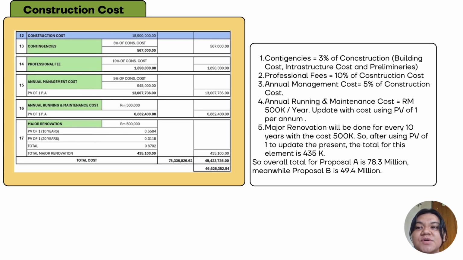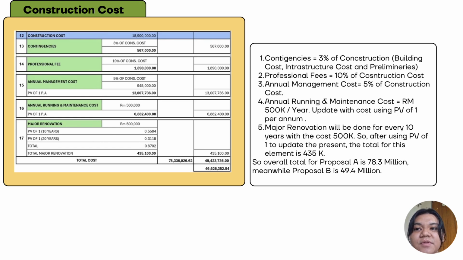The next one is the construction cost. This consists of contingency, professional fee, annual management cost, annual running and maintenance costs, and the last one is major renovations. The first is contingency, which is 3% of the construction cost, consisting of building costs, infrastructure costs, and prelims.